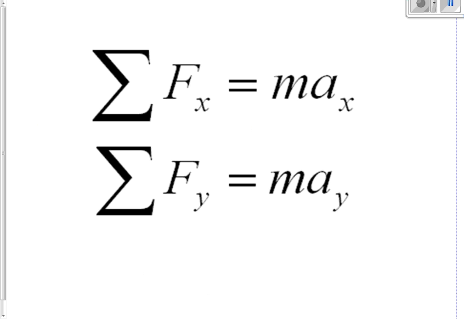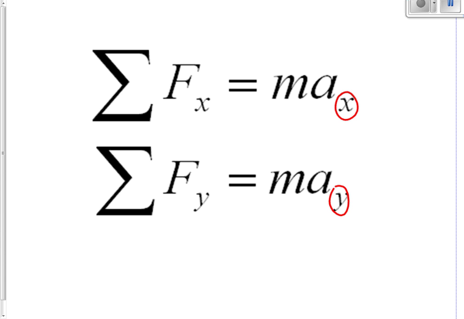In AP, just like with equilibrium, we deal with both the x and the y direction. So if Newton's second law says that the sum of all forces must equal mass times acceleration, that means the sum of all forces in the x direction are only going to produce acceleration in the x direction. The sum of all forces in the y direction will produce acceleration in the y direction.